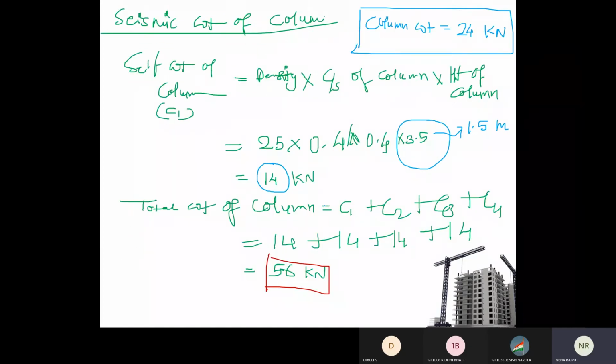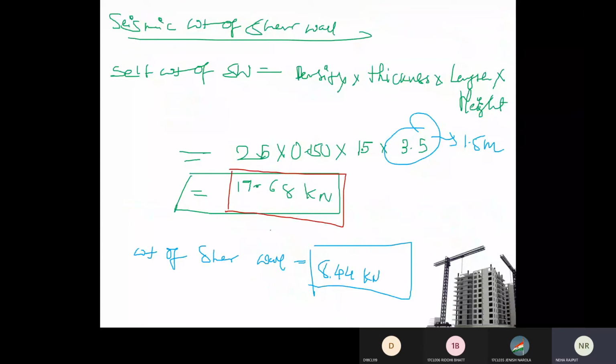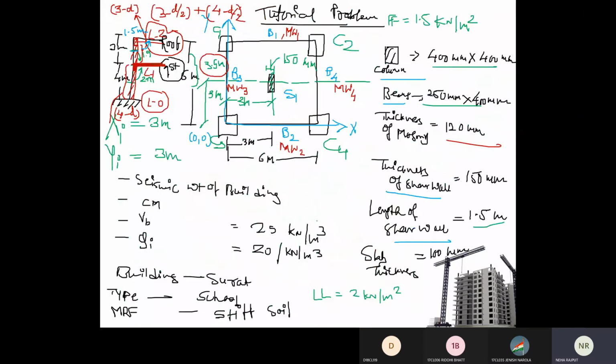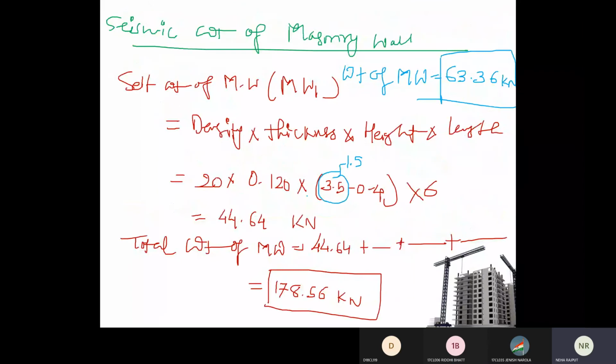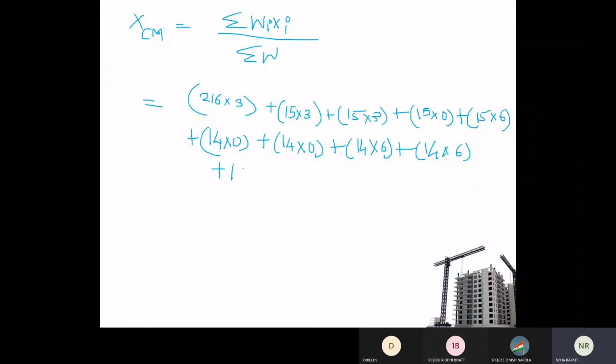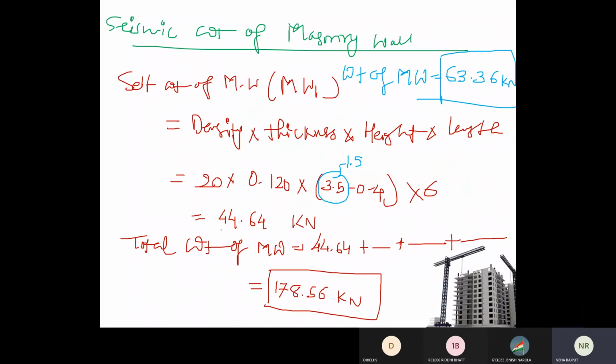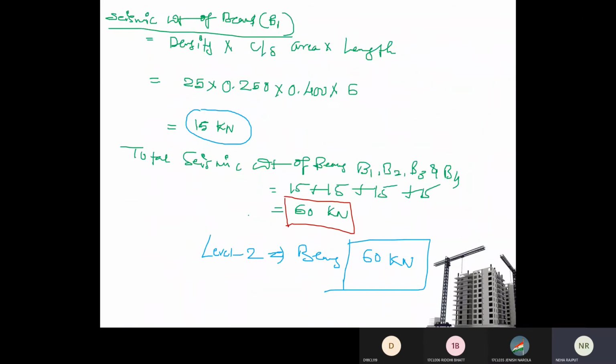Now coming to the shear wall. Shear wall weight is 19.68 and the x distance from the origin is 3 meter. 19.68 into 3. Now the remaining is the masonry wall. Masonry wall single weight is 44.64. Chalo.